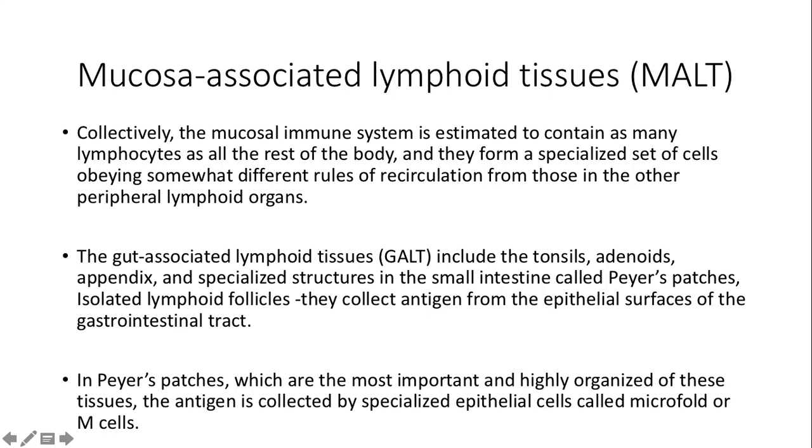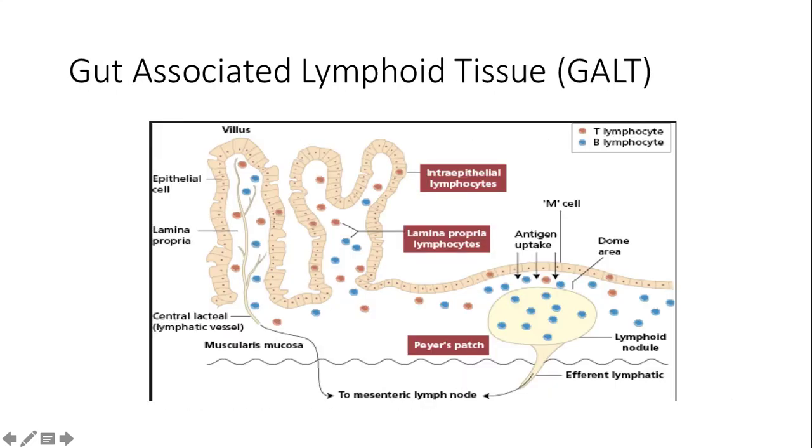We have the appendix, as well as the tonsils and adenoids in the throat, the palatine tonsil, and the lingual tonsils, which are large aggregates of lymphoid tissue covered by a layer of squamous epithelium and form a ring, what we know as Waldeyer's ring, at the back of the mouth around the entrance of the gut and the airway.